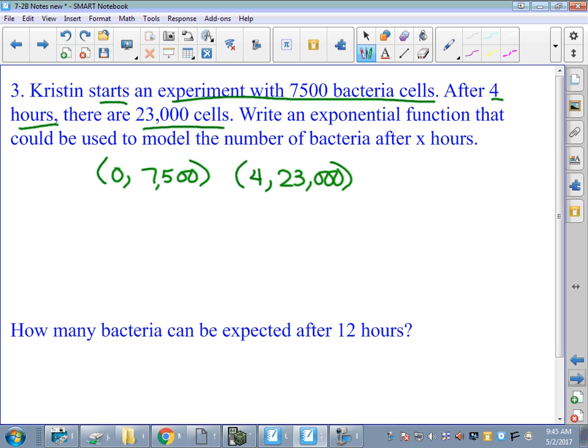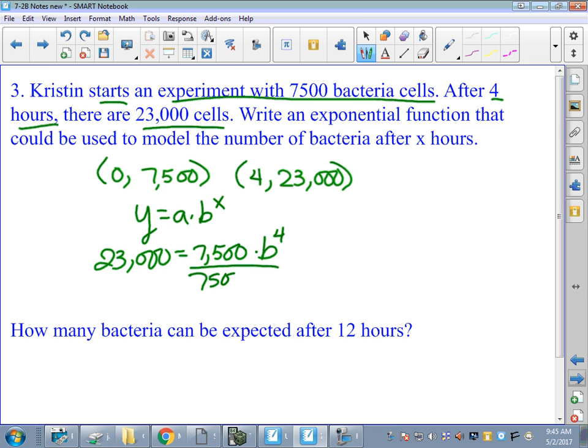So when I use the formula, y is equal to a times b to the x, 23,000 is equal to 7,500 times b to the 4th. I'm going to divide by 7,500.